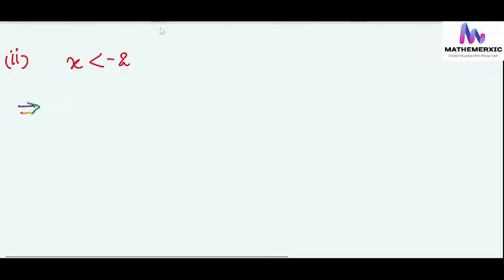It means that x is less than minus 2 but greater than negative infinity, we can say. This is the concept. X is less than minus 2, but obviously it will be greater than negative infinity. We can't have more than that value.